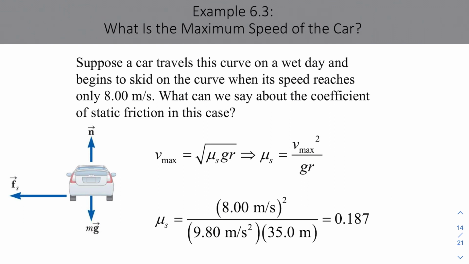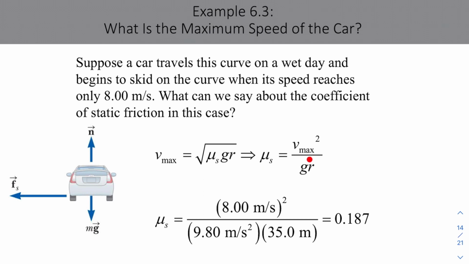Suppose a car travels on this curve on a wet day and begins to skid when its speed reaches only 8 meters per second. What can we say about the coefficient of static friction in this case? Just now we have V max equal to the square root of mu s g r. If our interest is the coefficient of static friction, we rearrange this equation to make mu s our interest.